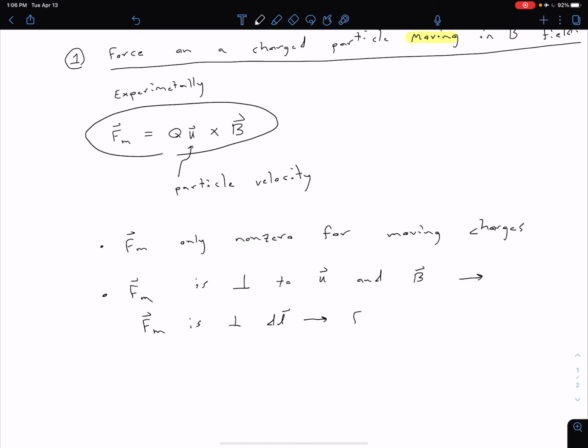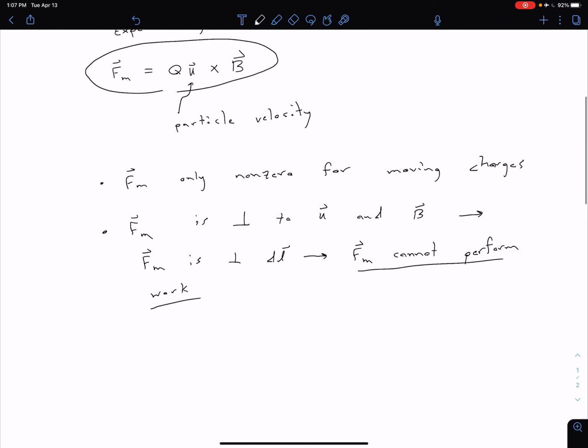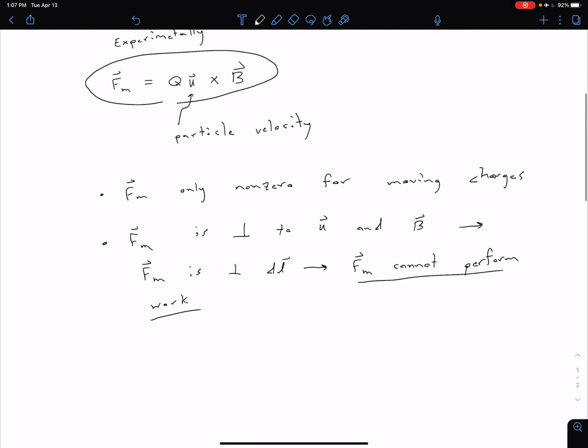Ultimately what that means is that this magnetic force cannot perform any work on the charged particle. Another way that we could state that is it can't change the kinetic energy of our particle. It's essentially changing the direction it's moving in.